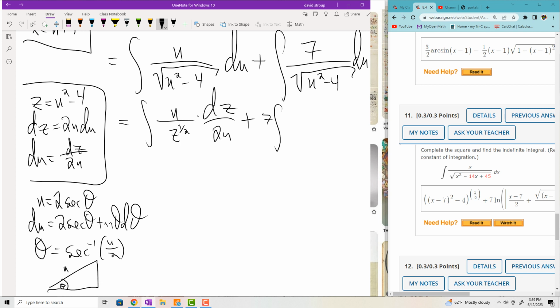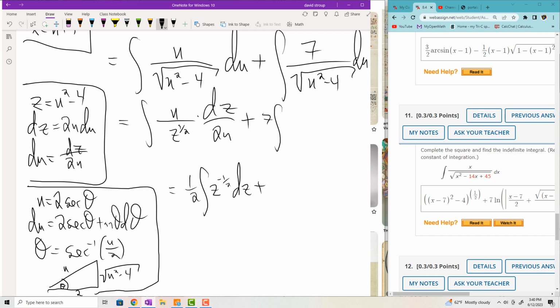So that would be hypotenuse over adjacent, and then the third side would be the square root of u squared minus 4 from the Pythagorean theorem. And then we have 1/2 integral of z to the negative 1/2 dz plus this other guy.